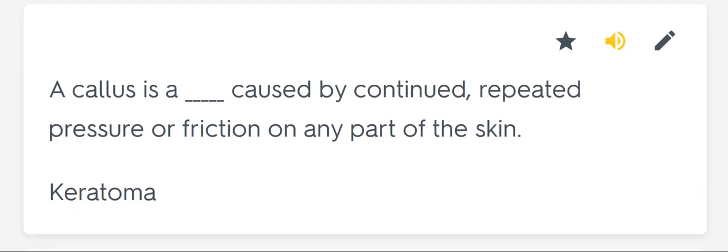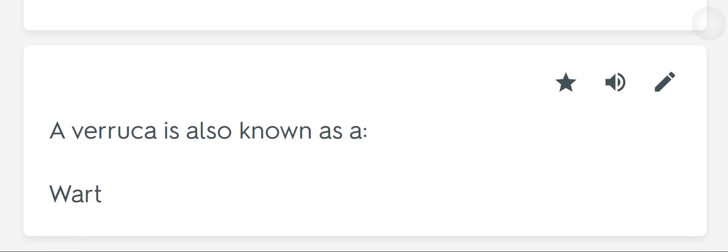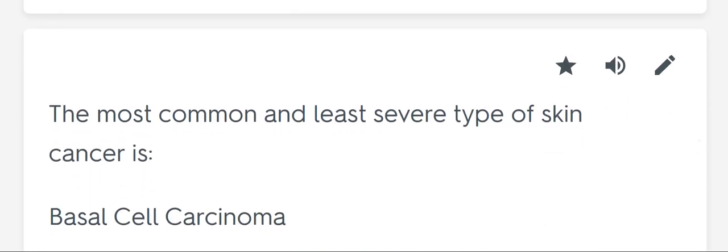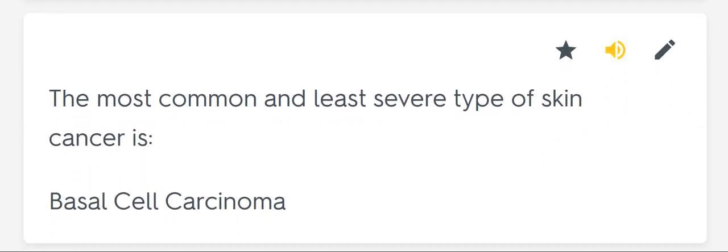A callus is a blank caused by continued repeated pressure or friction on any part of the skin. Teratoma. A verruca is also known as a wart. The most common and least severe type of skin cancer is basal cell carcinoma.